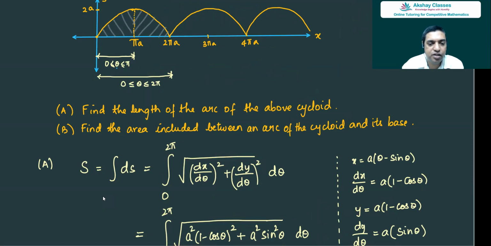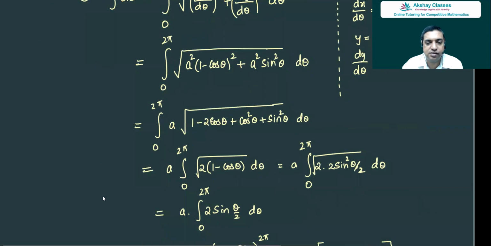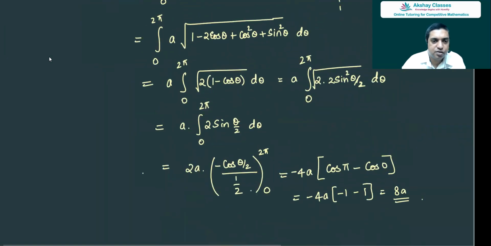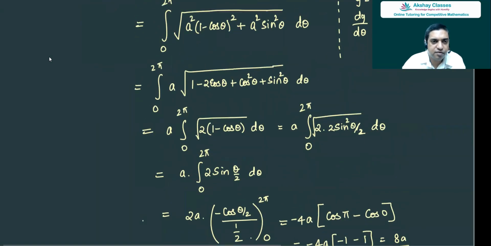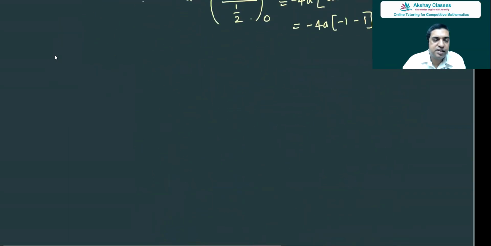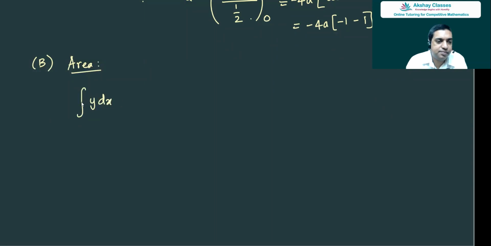Now the area included between the arc and the cycloid. Parametric. So I hope everybody got this integral, the first part, arc length. Now the second part, area. It's the integral of y dx.